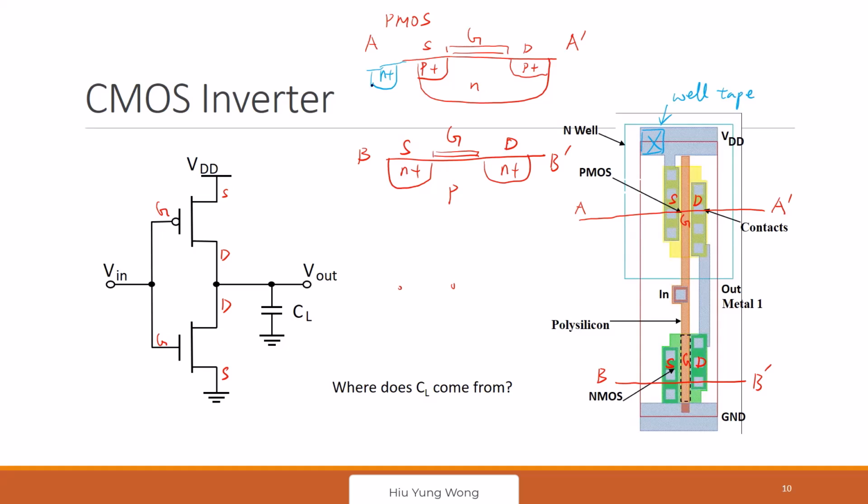Hey, Professor. Why do you have A and A prime? I mean, why do you need a different name for left and right? A prime, I'm just showing a cross section. I'm just saying that if I cut this layout, I cut into the wafer. So you basically just name the left side A and the right side A prime, right? Yes, for this line.